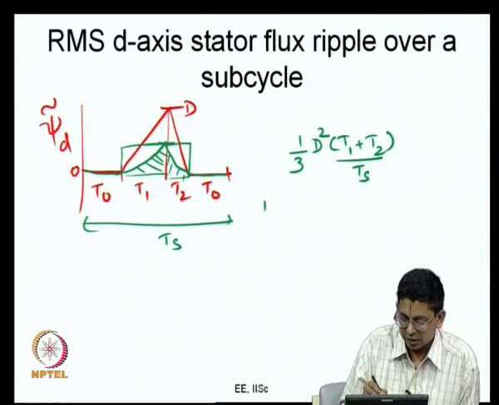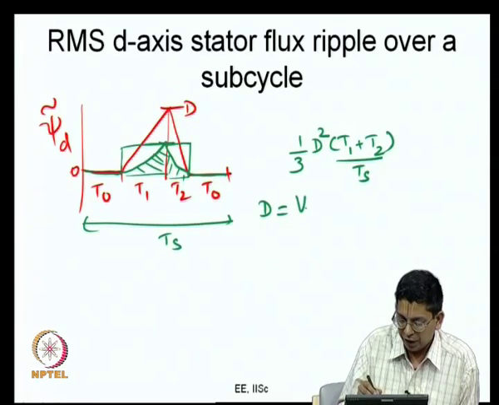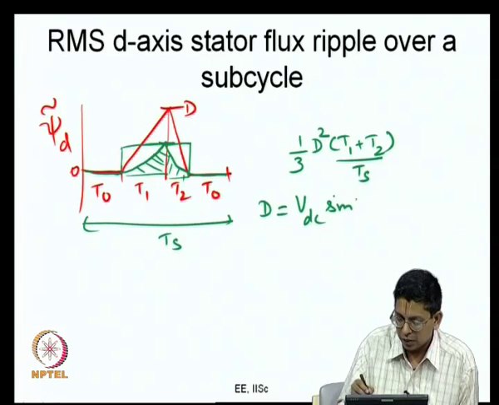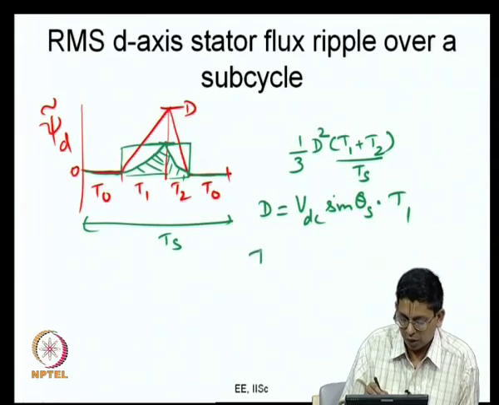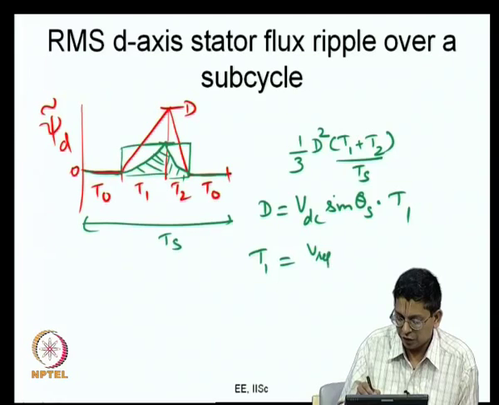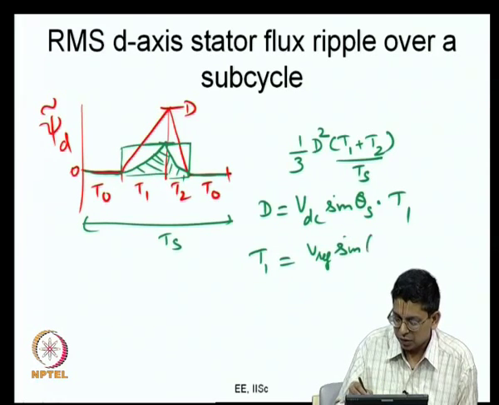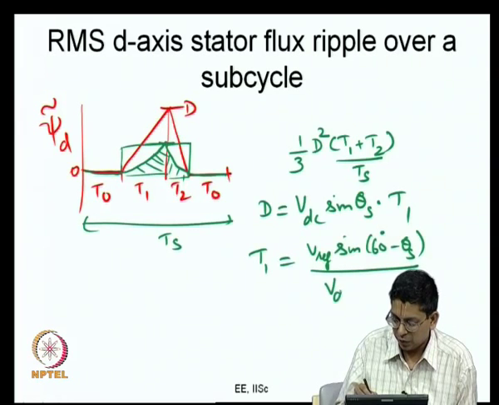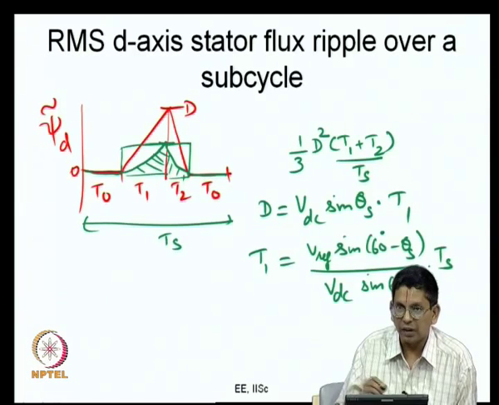So, you can see that D is equal to VDC sine of theta s multiplied by T1. And what is T1? T1 is V reference sine of 60 degree minus theta s divided by VDC sine 60 times Ts.